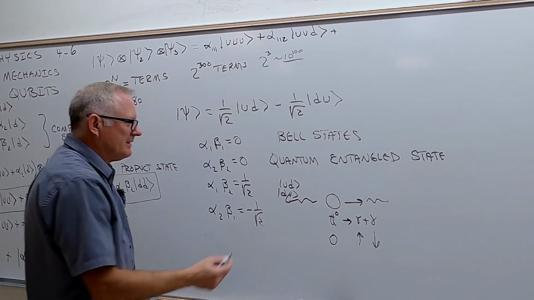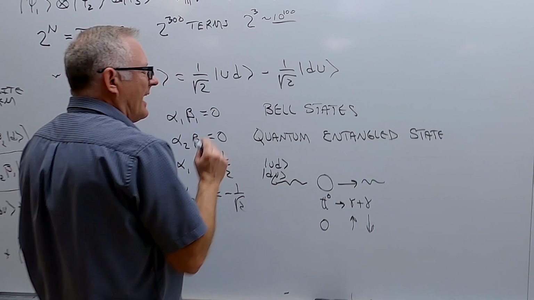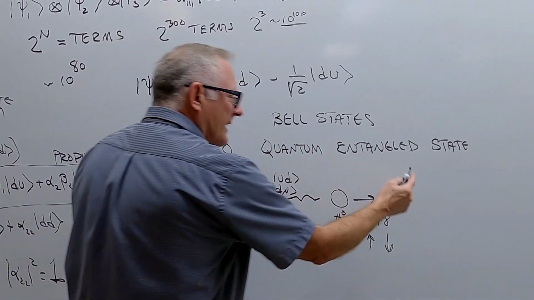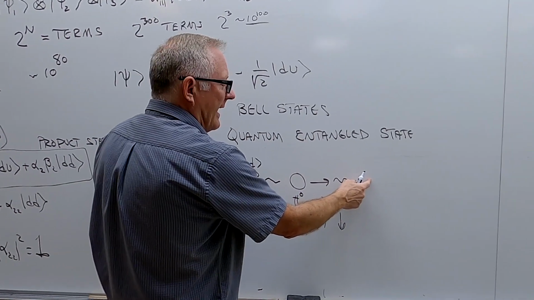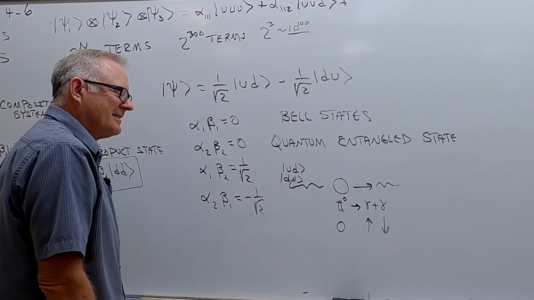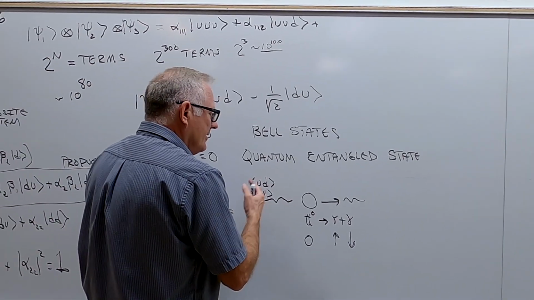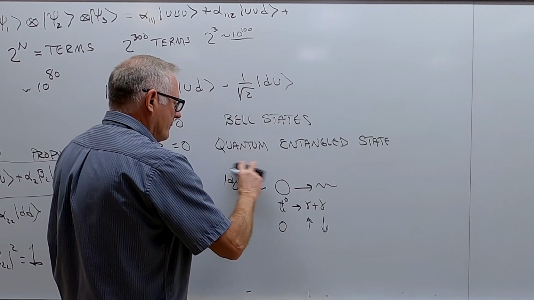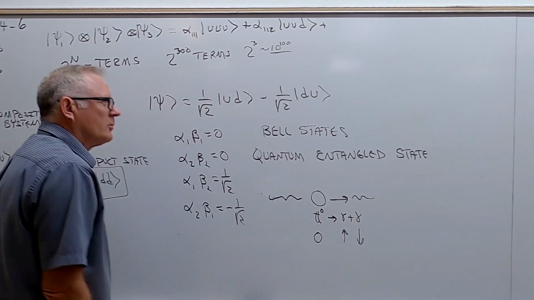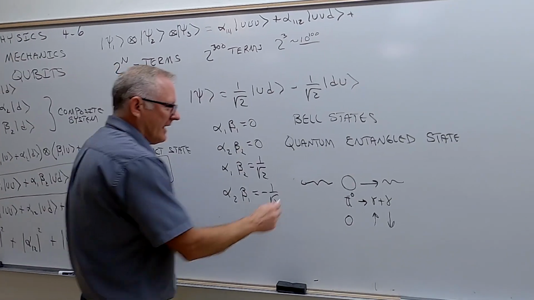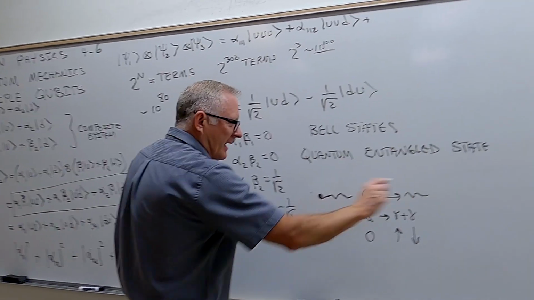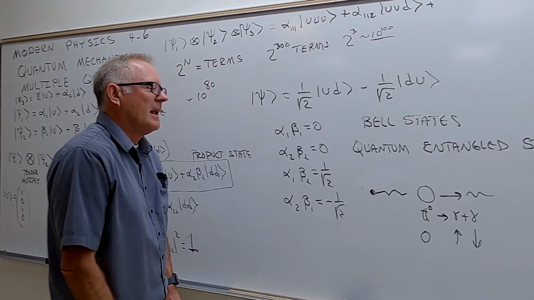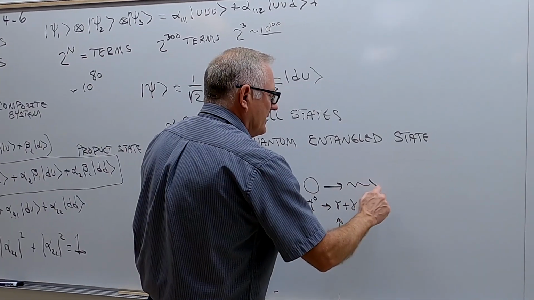Once you make the measurement of this one and you say it's up, then all of a sudden that one will say, I know what I am. I'm down right here. He doesn't decide until you make the measurement right here. So that's what happens in a quantum entangled state, that they haven't made up their mind until you make the measurement. Now these could get a long ways away from each other.